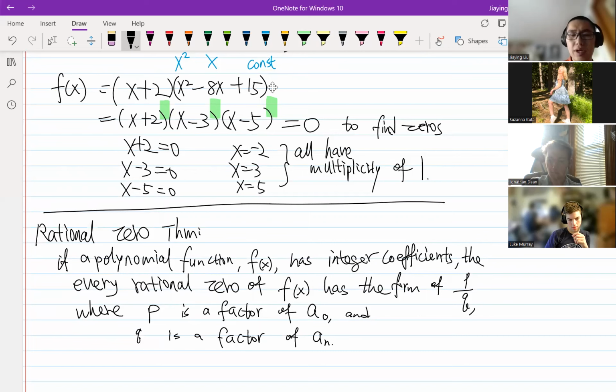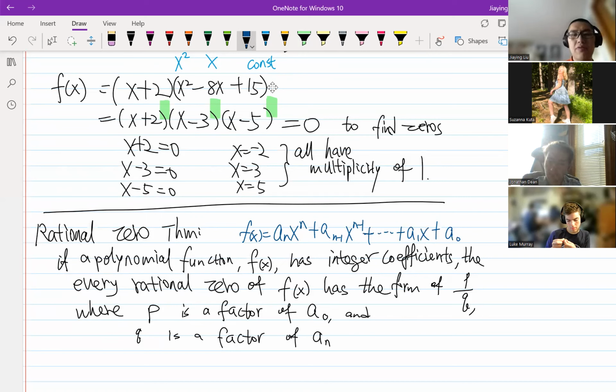Now, you probably wonder, what is this, right? If you don't remember, recall that a polynomial function f of x has the form f of x equals an x to the n plus a n minus 1 x to the n minus 1, and all the way to a1 x plus a0, right?